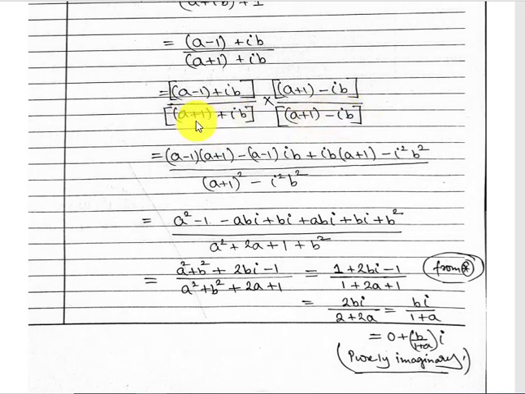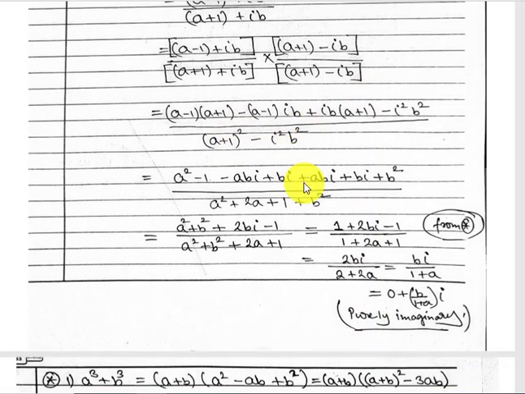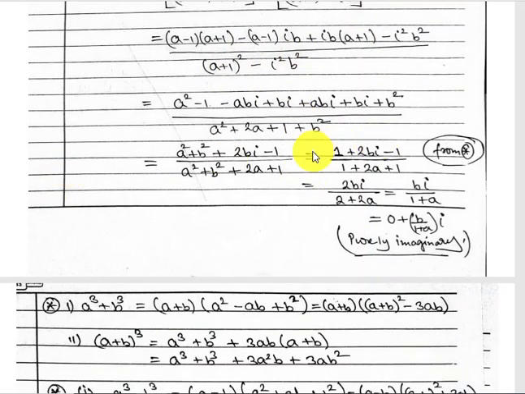So here is something like (a plus b)(a minus b), so (a plus 1) whole square minus i square into b square. Now simplify it. At the end you will get a square plus b square plus 2bi minus 1 in the numerator. Down you will get a square plus b square plus 2a plus 1.